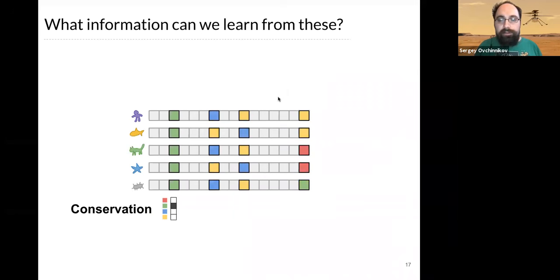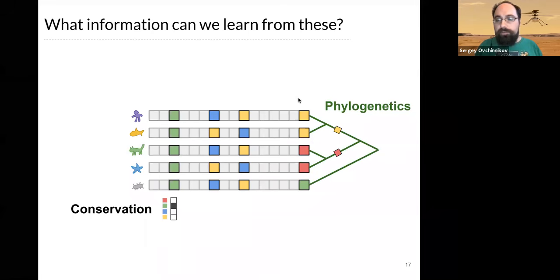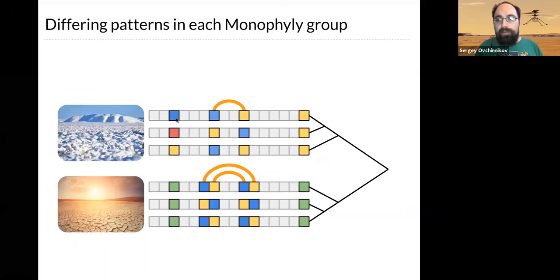The other thing about these multiple sequence alignments that we didn't really talk about is phylogeny, and we think that AlphaFold also took this into account indirectly. Why this becomes important is because you might imagine there might be a group of sequences that, let's say, are coming from a cold environment, and another group of sequences that are coming from a hot environment, and you might actually have different patterns of covariation going on.